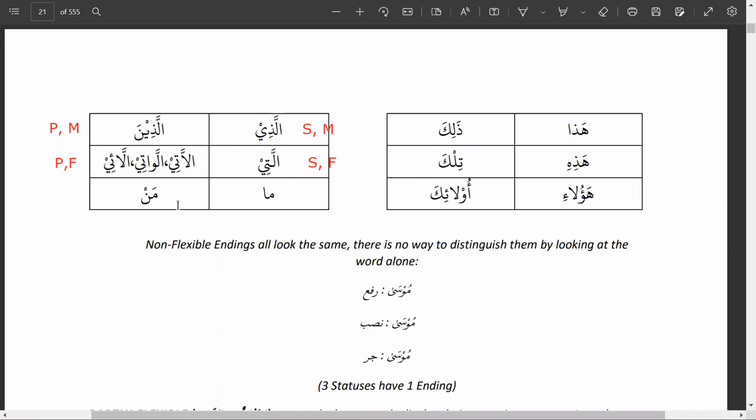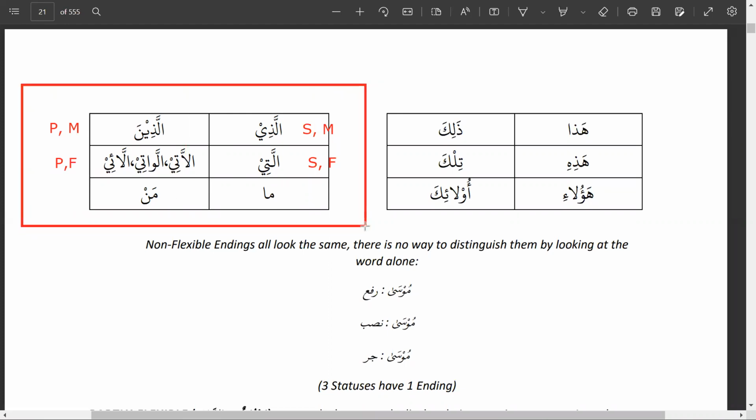Okay. Can you note down this part? This is connector ism, ism mawsul. Okay.